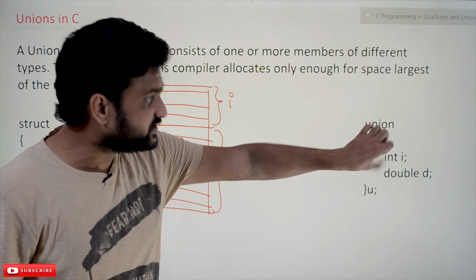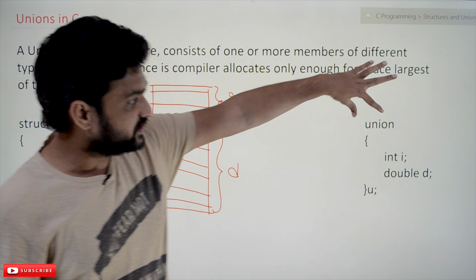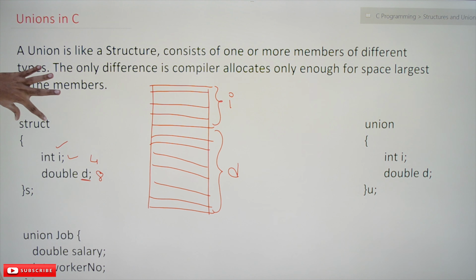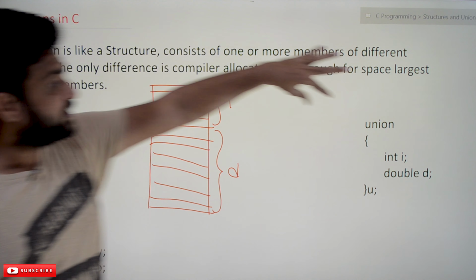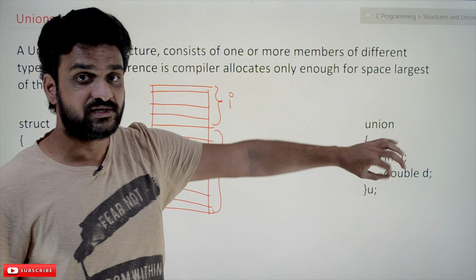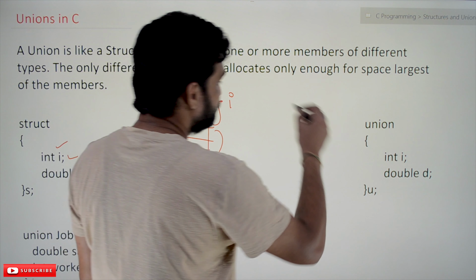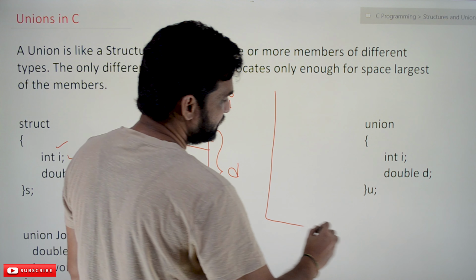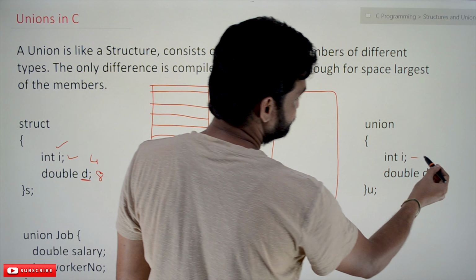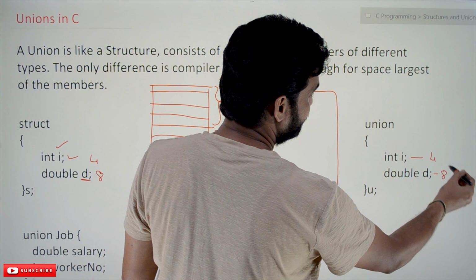But what happens with the union? Whenever a union is identified, union is the keyword, the same as struct to identify the structure. Similarly, union is the keyword and U is the union variable, the same as structure variables. The compiler will allocate only 8 bytes of space. Even though we need 12 bytes, the union is going to allocate only 8 bytes.